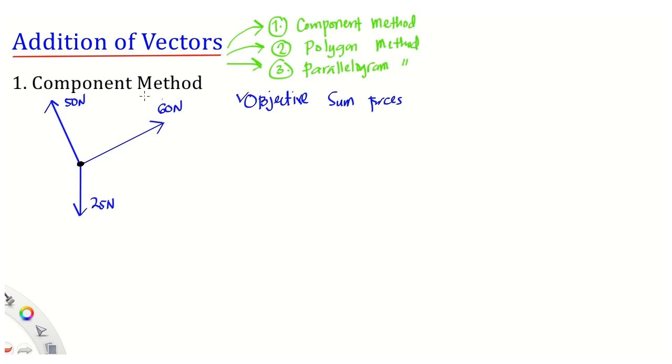Now, before we proceed to the component method, let us first define the direction of these forces. Of course, we know the direction. This one is directing towards this one, and this is directing downward.